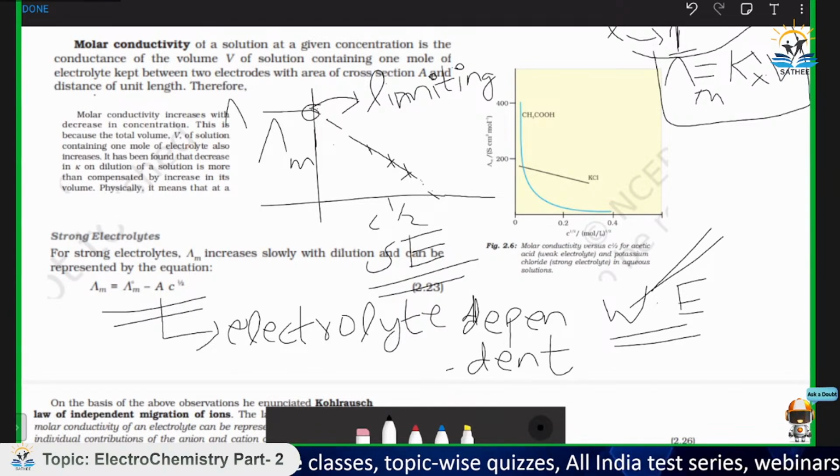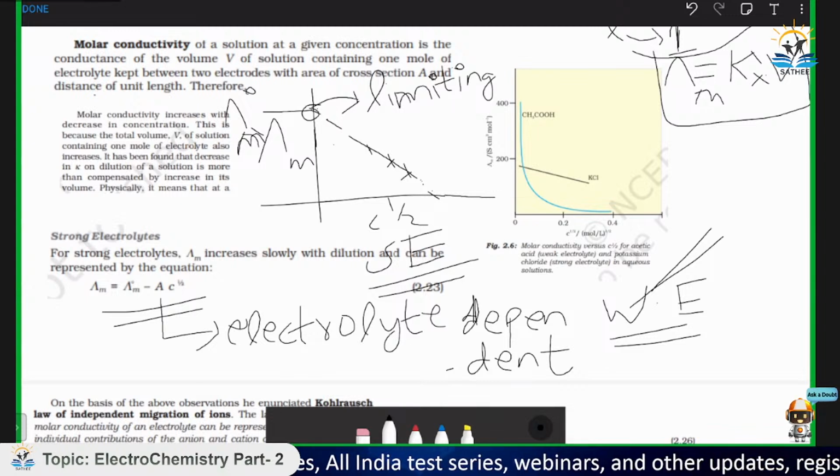This here is the limiting molar conductivity. Limiting in the sense of approaching maximum value. This is for strong electrolytes.